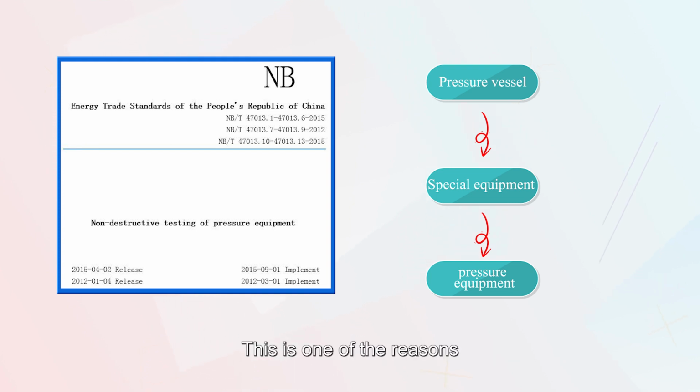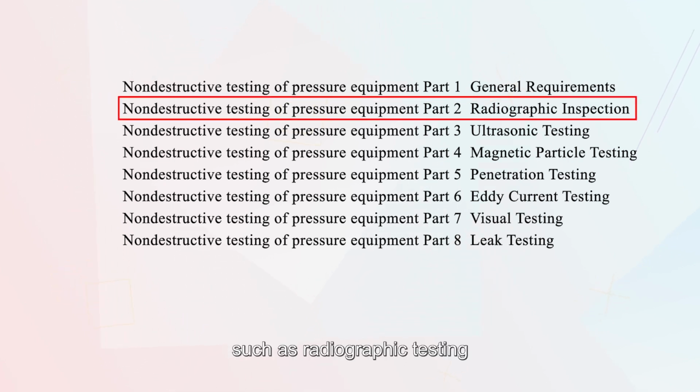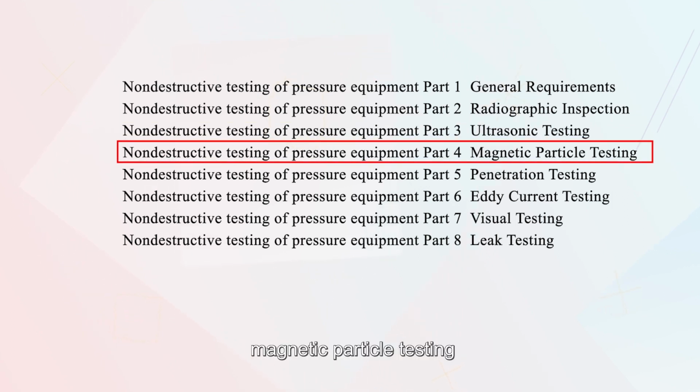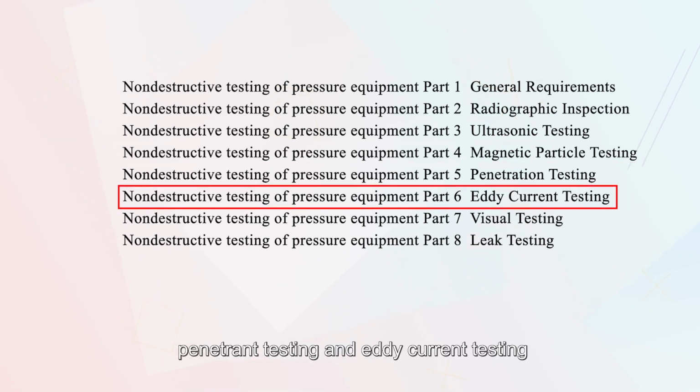This is one of the reasons why we choose this standard to introduce. Content of the standard. A total of 13 parts are included. The first part is general requirements, and the following contents correspond to 12 non-destructive testing methods such as radiographic testing, ultrasonic testing, magnetic particle testing, penetrant testing, and eddy current testing.